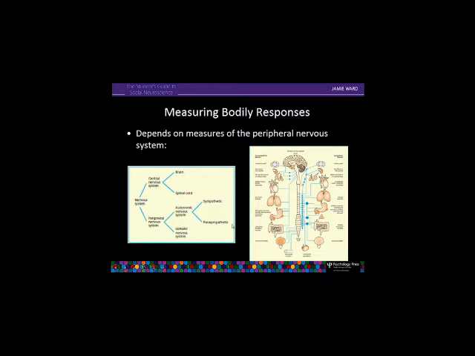One other division is whether you're measuring the central nervous system, typically the brain, or the peripheral nervous system. So there are some methods in social neuroscience that are based on measuring the peripheral nervous system, with the idea that this is reflecting things that are happening in the brain.